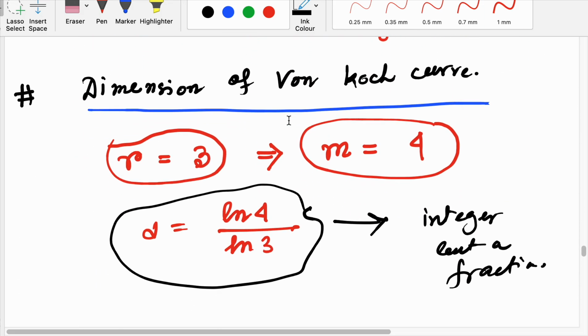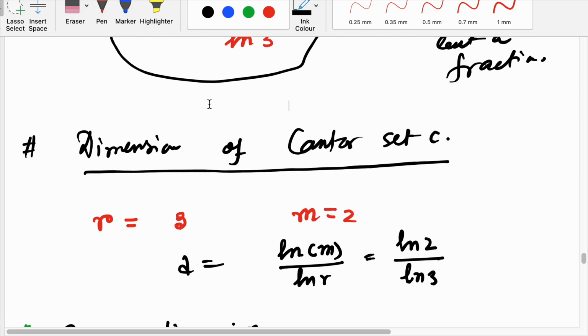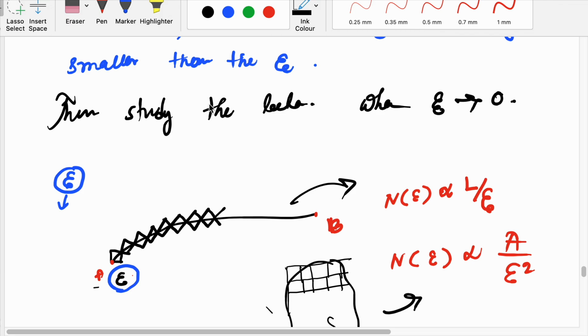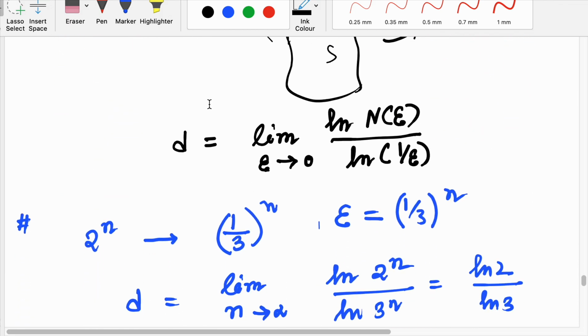After that, we saw that if an object is not self similar, then we need another definition, and we introduced the box dimension, by which we can measure the dimension of any object, including fractals. We checked whether the box dimension of the Cantor set and the similarity dimension are the same, and we figured out that both are the same.